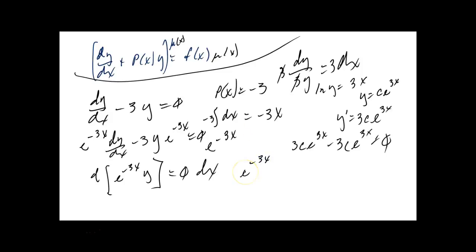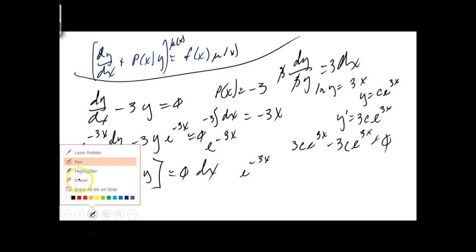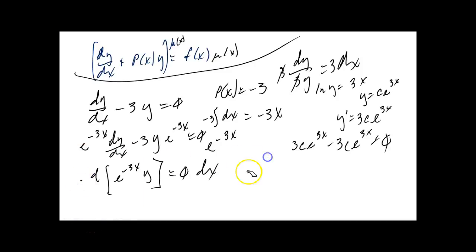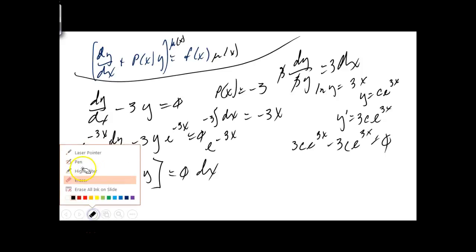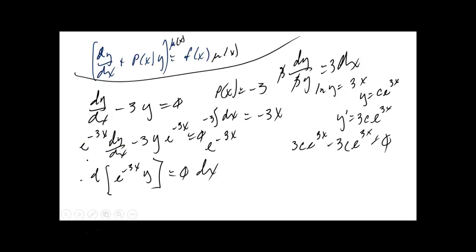Oh, I'm sorry, I was repeating something I don't need to repeat, especially since I don't have enough room to repeat it. Well, I think I do need to write it. e to the minus 3x y is equal to 0.